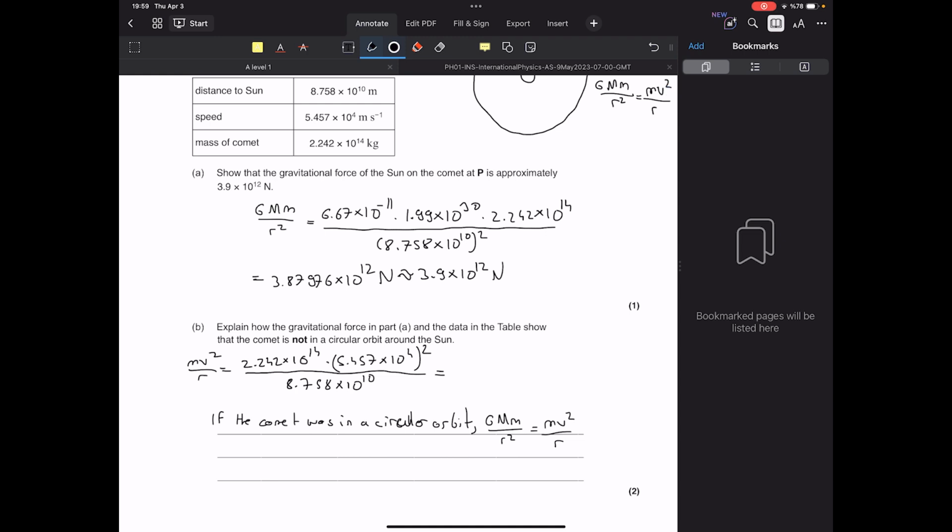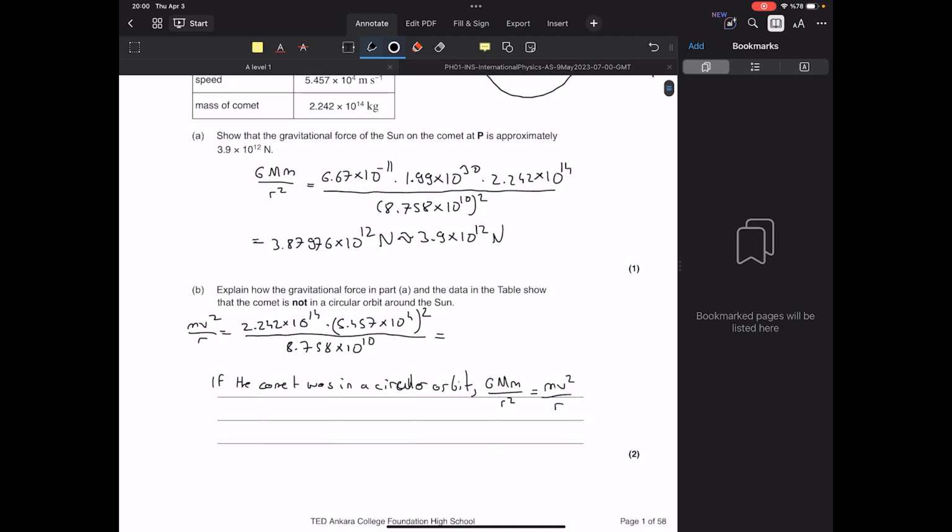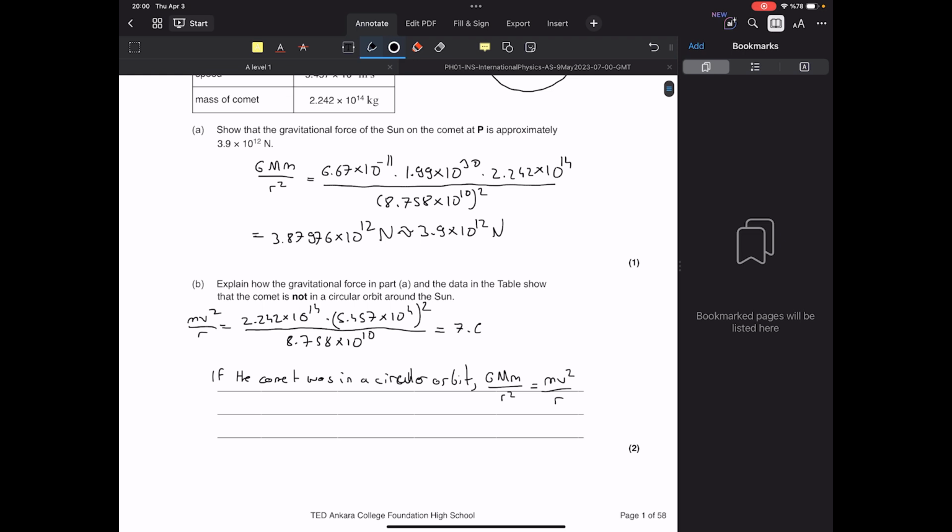So that will be equal to 2.242 times 10 to the 14 times 5.457 times 10 to the 4 squared, divided by 8.758 times 10 to the 10, which is equal to 7.62322 times 10 to the 12 newtons.